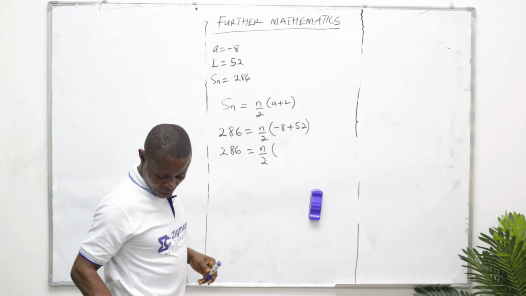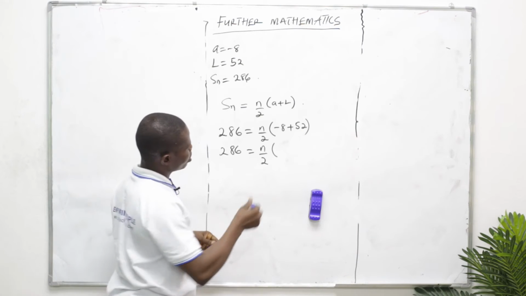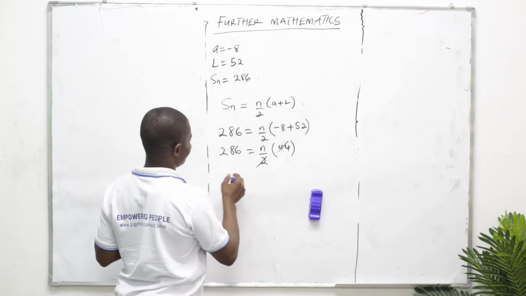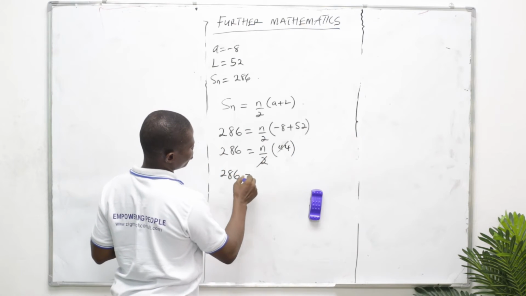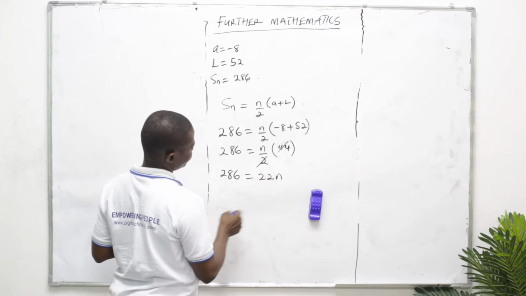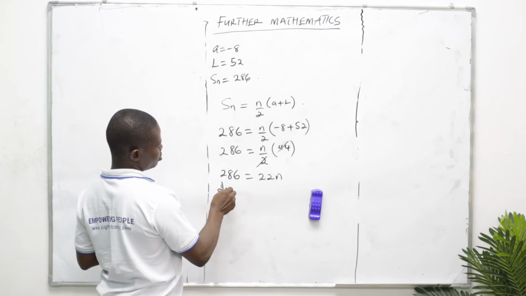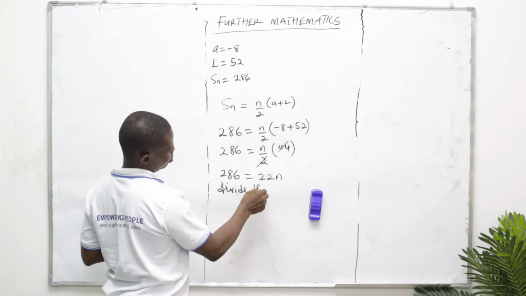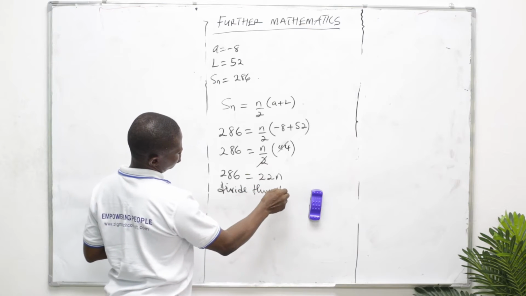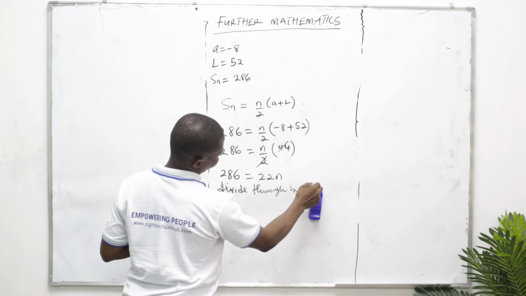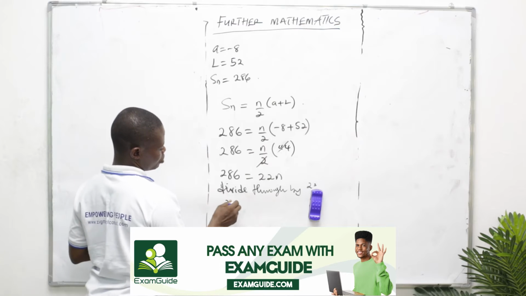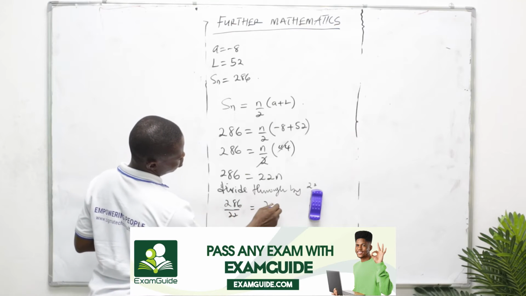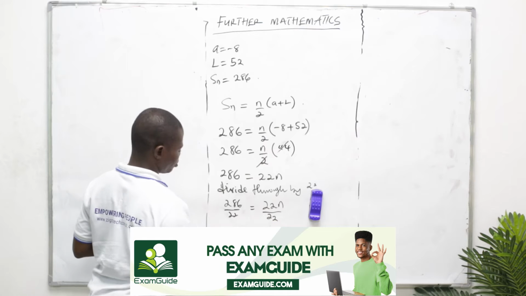So 286 equals n all over 2 into 52 minus 8, into 44. 2 here, 2 here. That is 286 equals 22n. Divide through by 22. We have 286 all over 22 equals 22n all over 22.